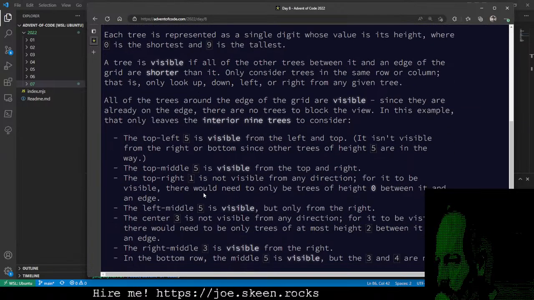A tree is visible if all of the other trees between it and an edge of the grid are shorter than it. Only consider trees in the same row or column, that is, only look up, down, left, or right from any given tree. All of the trees around the edge of the grid are visible since they are already on the edge. There are no trees to block the view. In this example, that only leaves the interior 9 trees to consider.